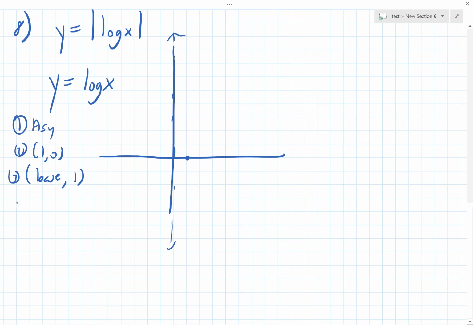So the base, when they're too lazy to write it, is a 10, and so here I'm going to graph 10, 1, because the log of 10 is 1. What power do I raise 10 to get 10? That's 1. So 1, 2, 3, 4, 5, 6, 7, 8, 9, 10, 1. And so a normal log looks like that.